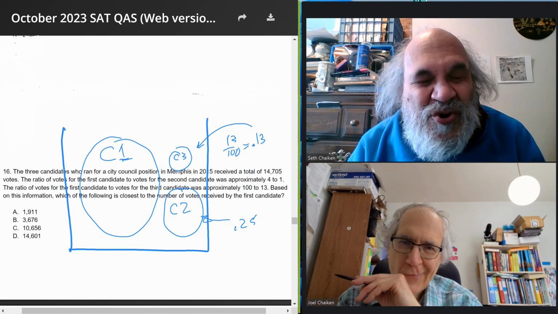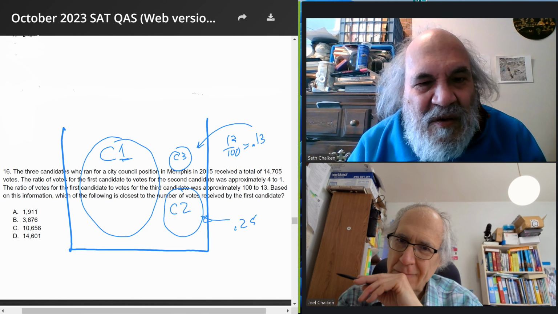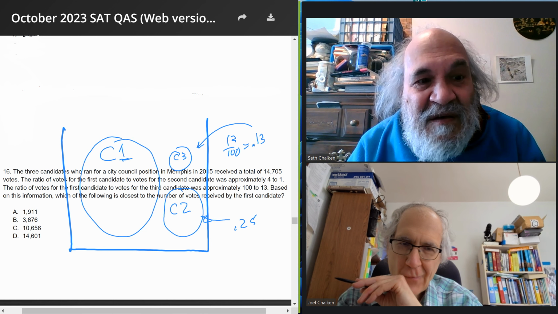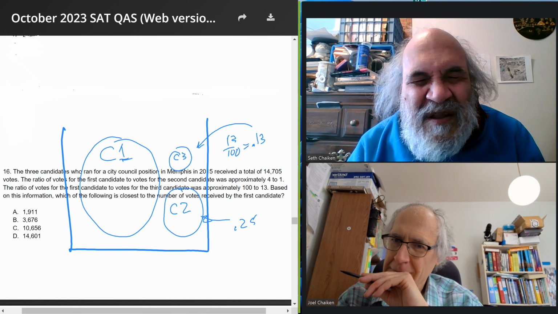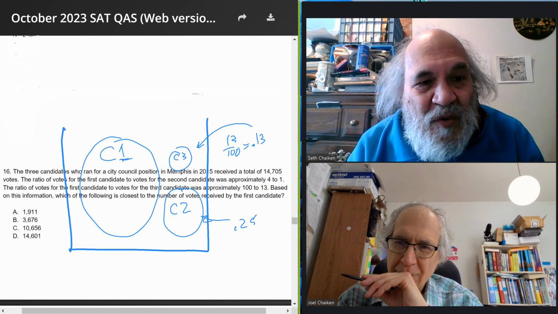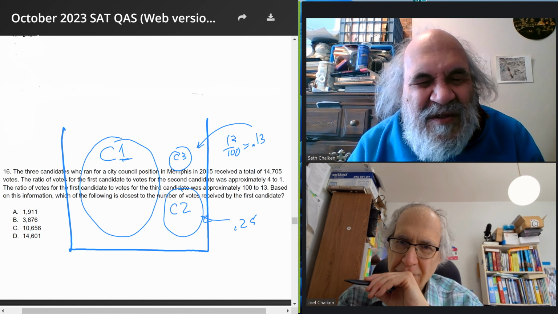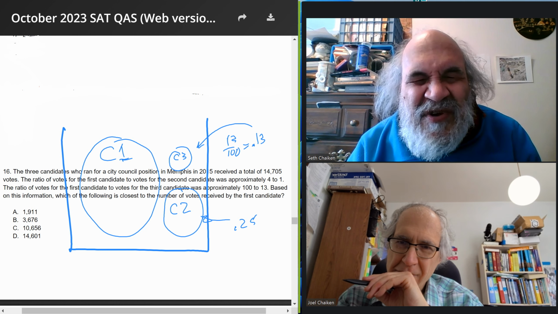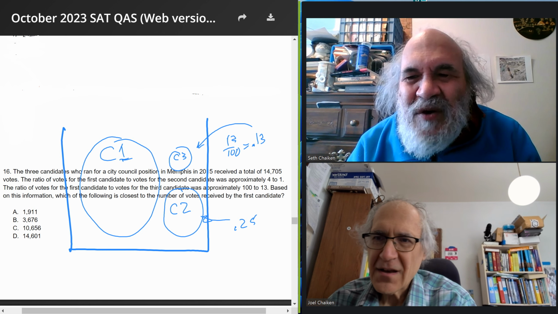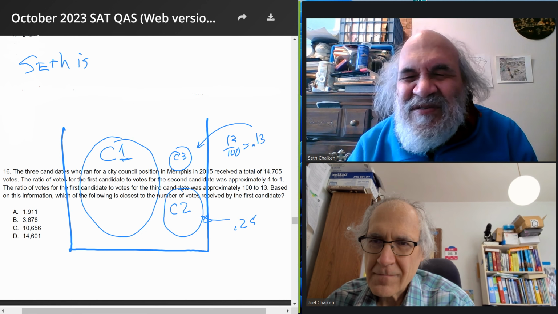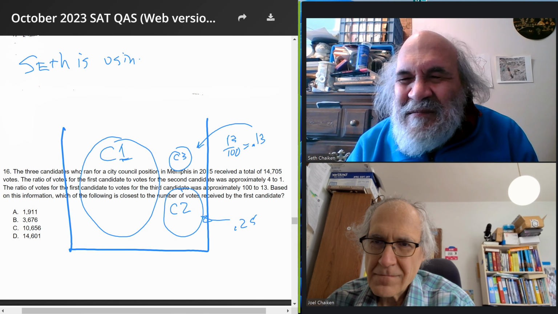Now evaluate each of the 4 choices. The smaller ones will make candidate 1's vote smaller than C2's and C3's together, which in the diagram is not consistent.